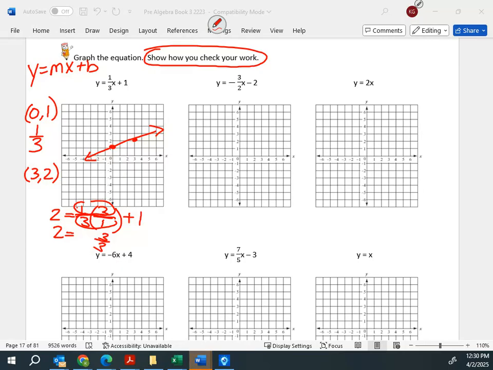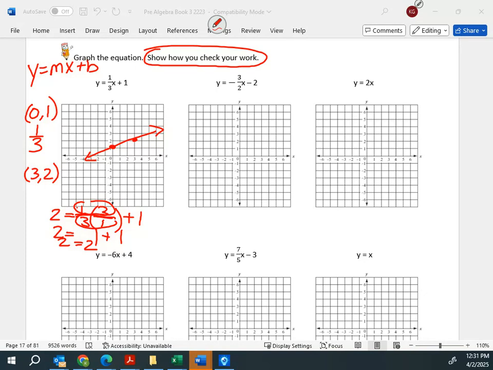How do I simplify that, Robbie? Yeah. 3 over 3, I don't even have to put it as a fraction. I can just call that 1, because 3 over 3 is the same as 1. Plus my 1. And look at that. 2 equals 2.